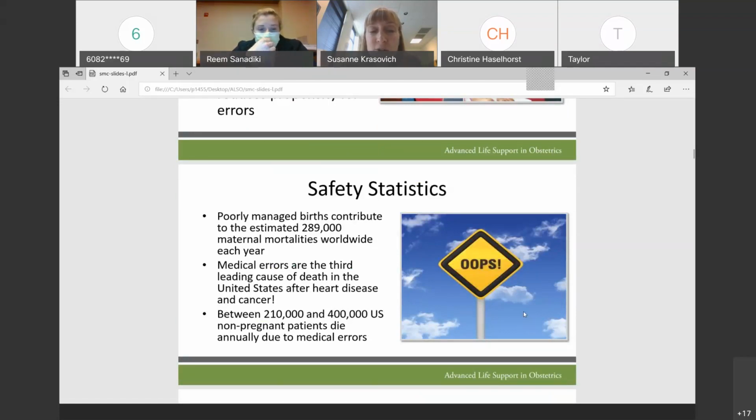Medical errors are actually the third leading cause of death in the United States after heart disease and cancer. Between 210,000 and 400,000 non-pregnant patients in the United States die annually due to medical errors. And in fact, the non-lethal errors are probably about 10 to 20 times more common than that.